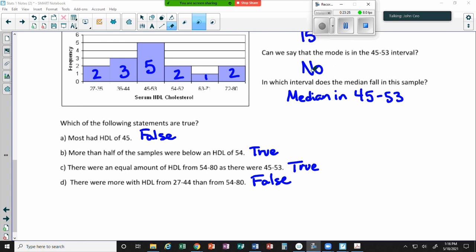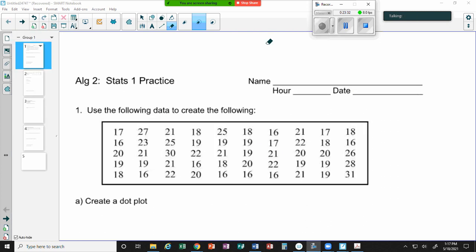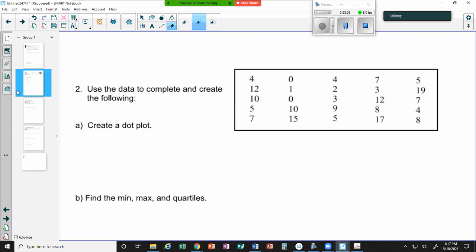Let's get out the practice, the Stats 1 worksheet. Alright, so it looks like this. So we are going to go to number 2 here. Use the data to complete and create the following. We're looking at number 2.